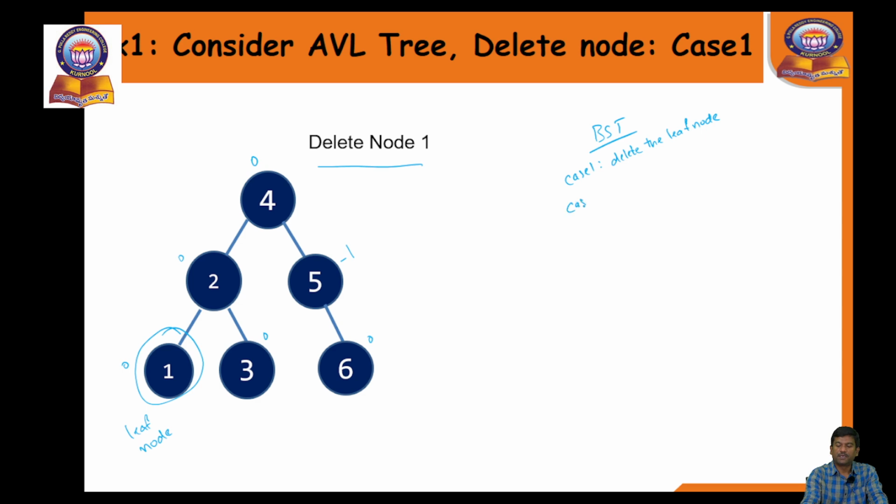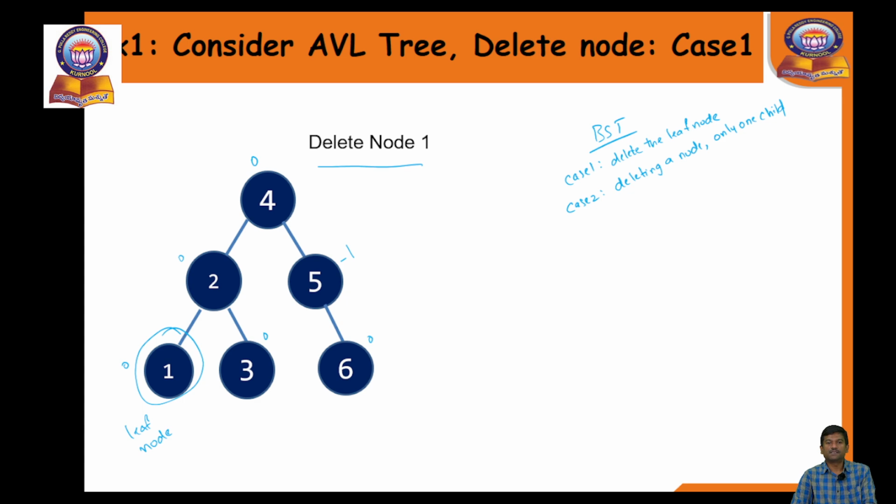And coming to case 2, deleting a node which contains only 1 child. Take for example node 6. Whenever you are deleting node 6, there is only 1 child present.